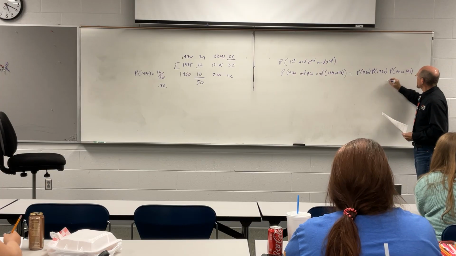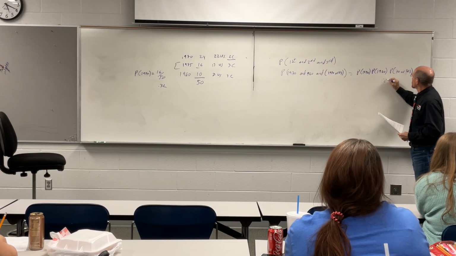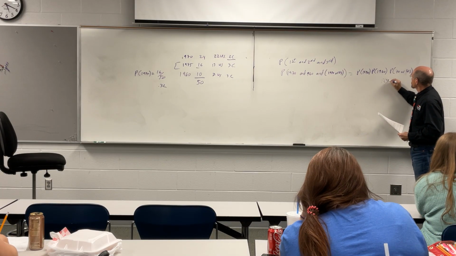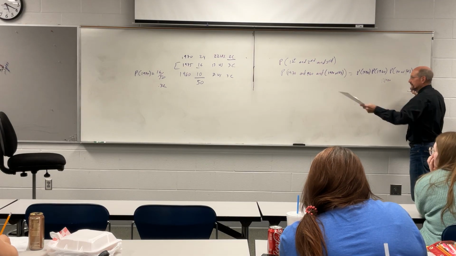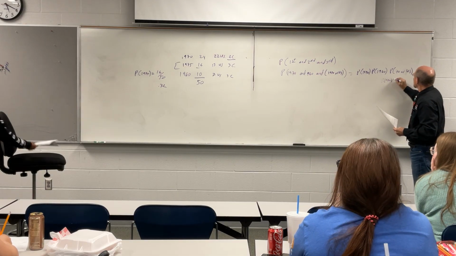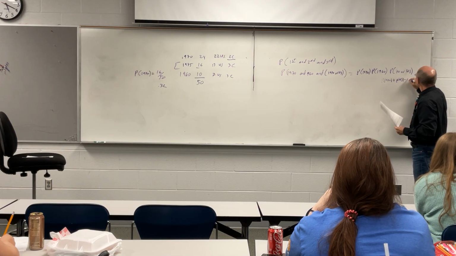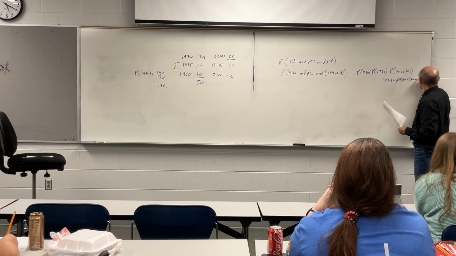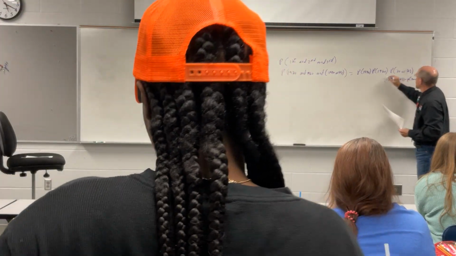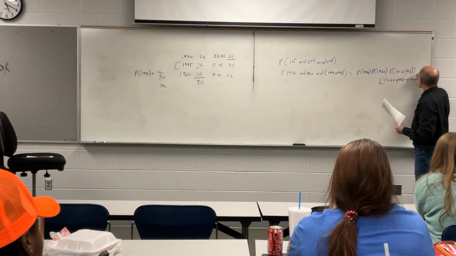This is then going to break down as probability of 1970, plus the probability of US minus probability of 1970 and US. So that whole thing is going to go in there.